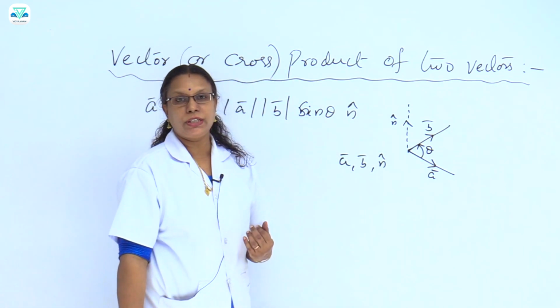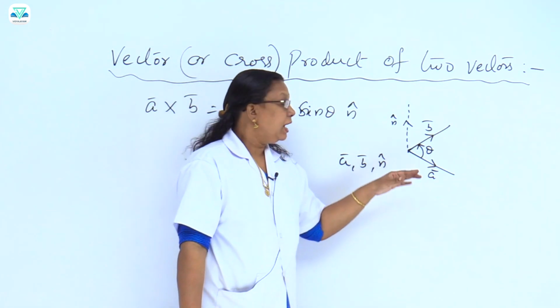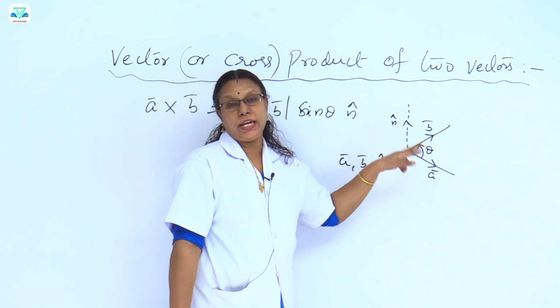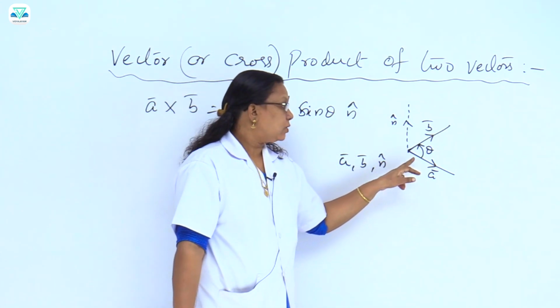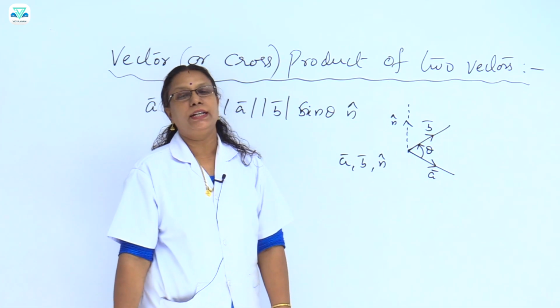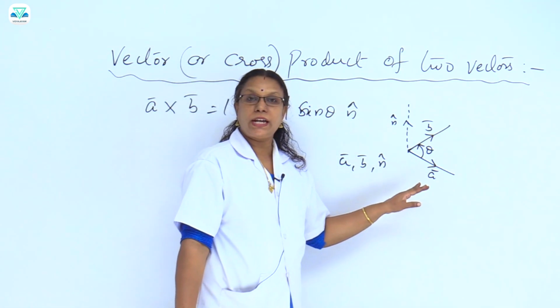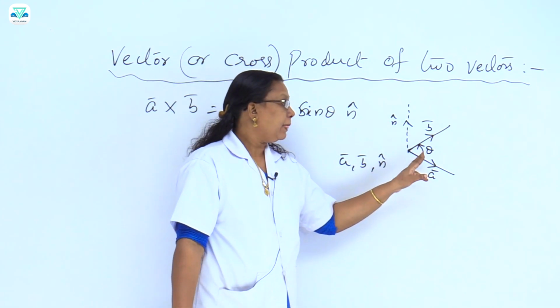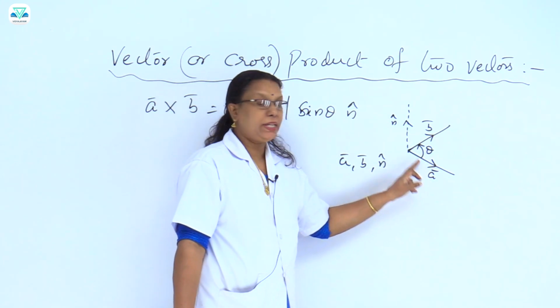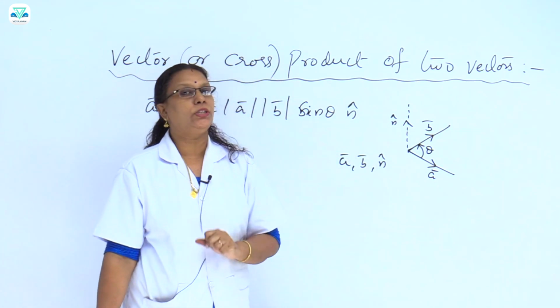You study this in physics. In the same way, A, B, n form a right handed system directed from A to B, so that it moves in the direction of n cap. And theta is the angle between A and B, and n cap is the unit vector perpendicular to both A and B.